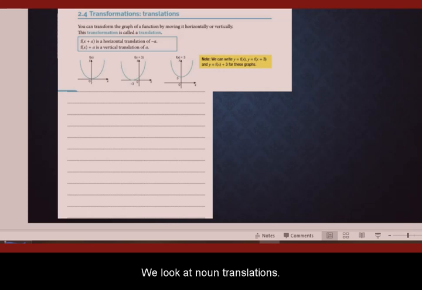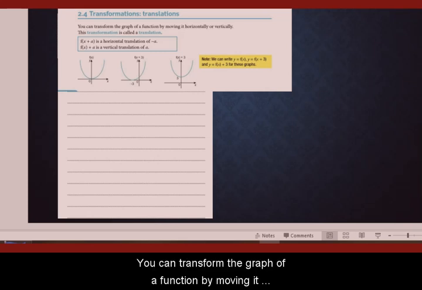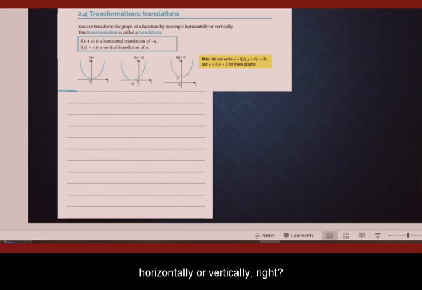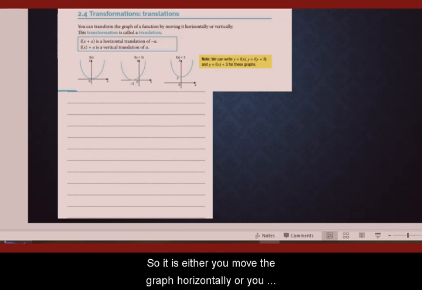Transformations. We look now at translations. You can transform the graph of a function by moving it horizontally or vertically. So it is either you move the graph horizontally or you move it vertically.